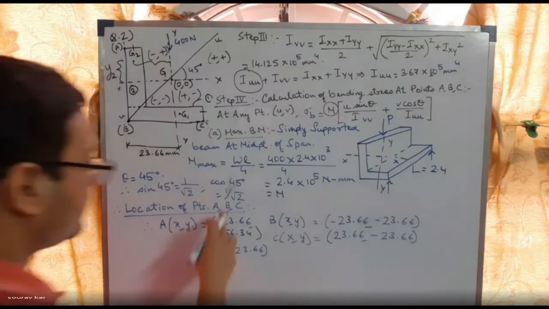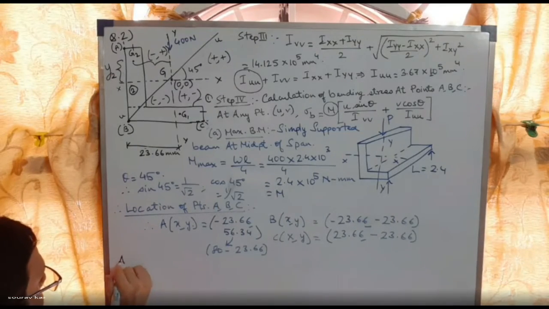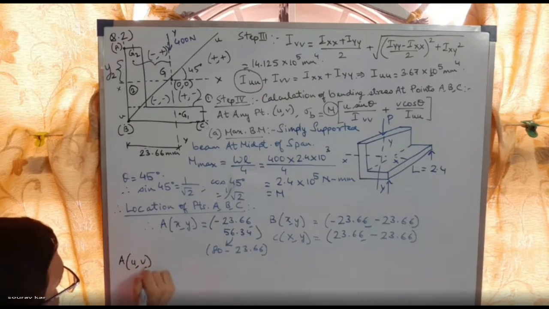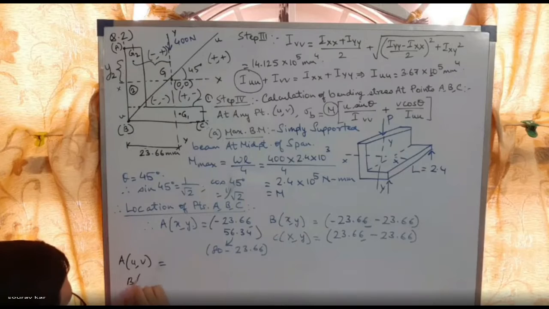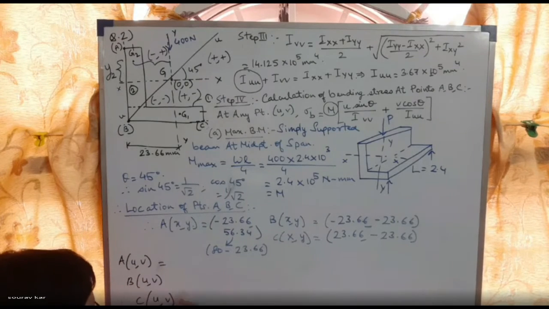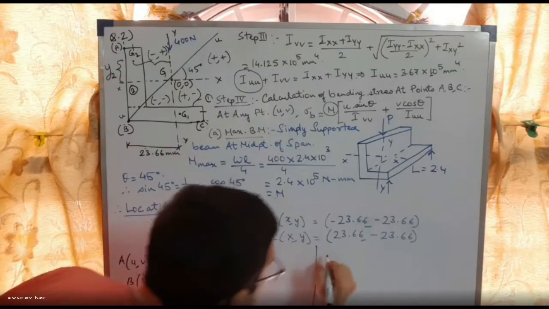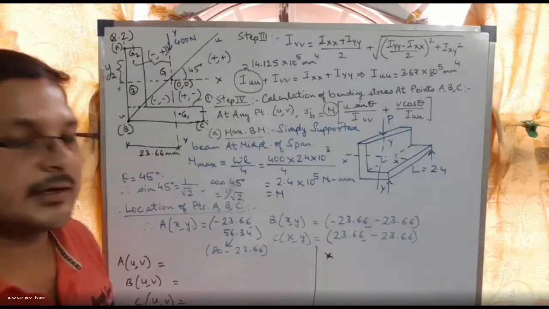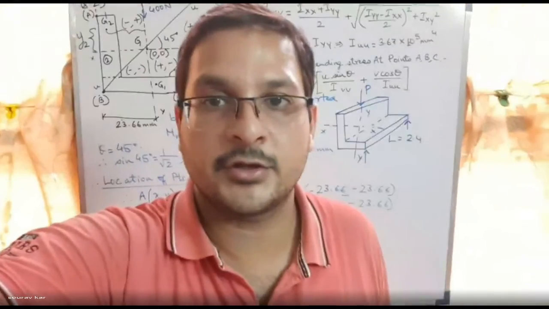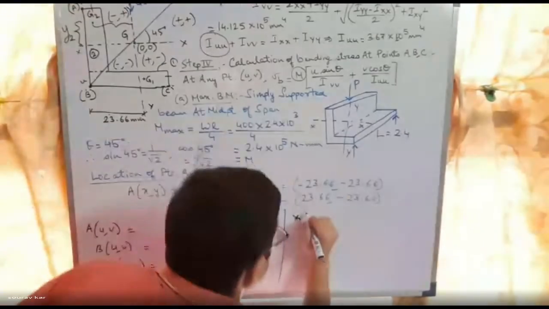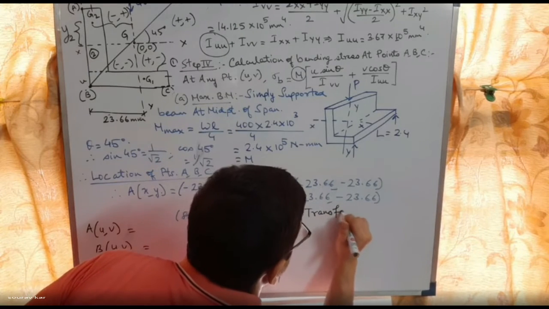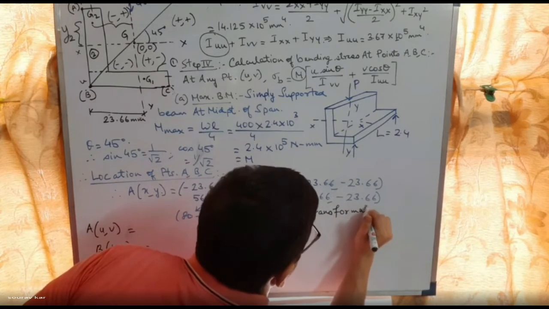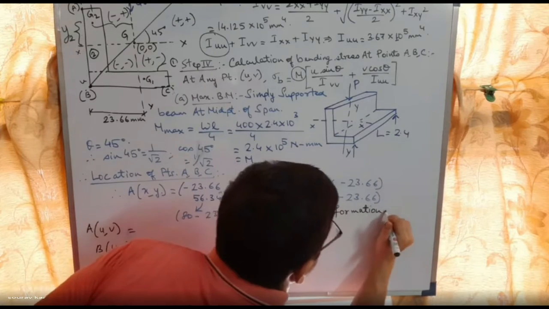Now after getting X and Y, I have to find out U and V. So A's U and V, B's U and V, and C's U and V. Do remember, please make it a box. That is the axis transformation. This we have learnt in class 11 and 12 while studying vectors.